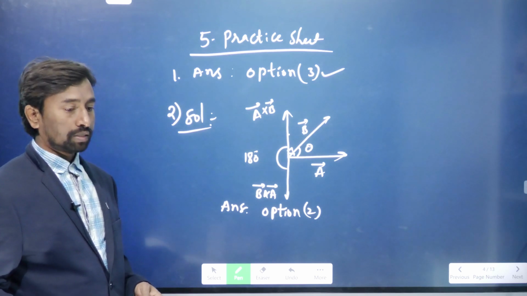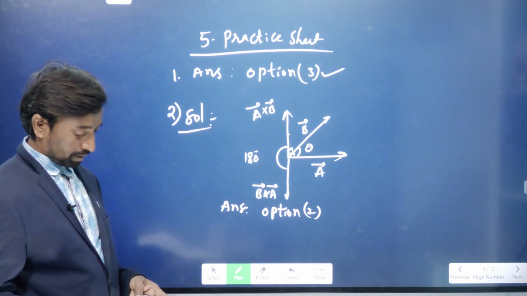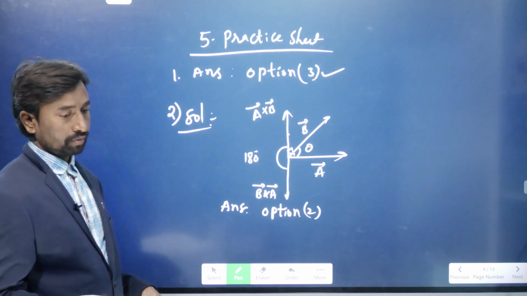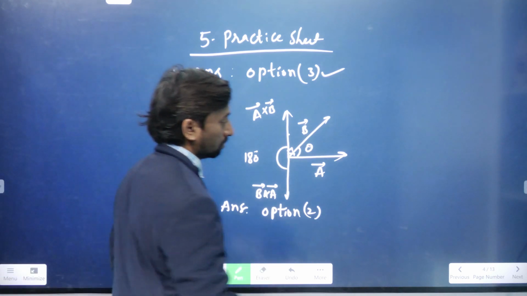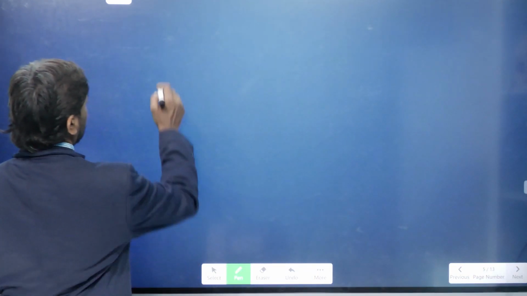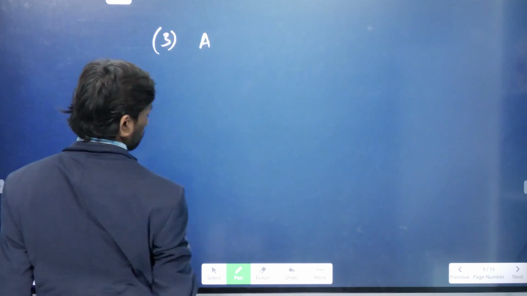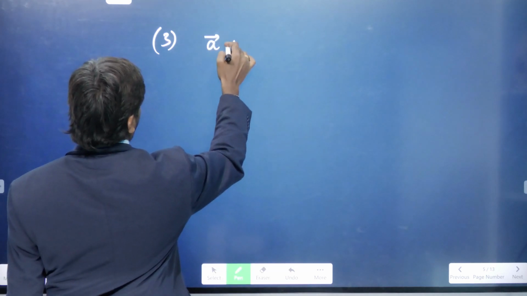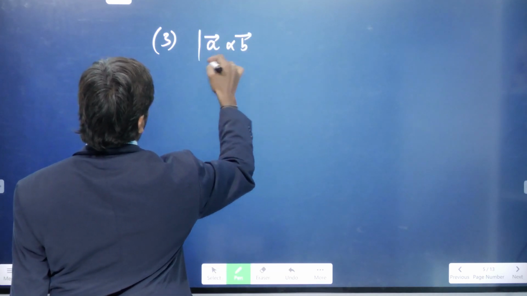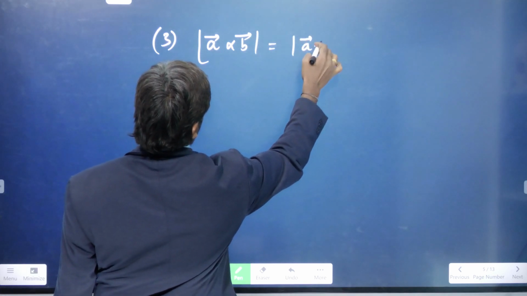So next, the third one is given here. If modulus of a bar cross b bar is equal to modulus of a bar dot b bar, then they are asking the angle between a and b.